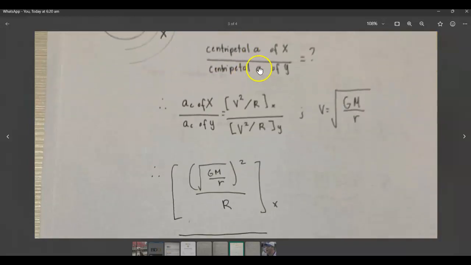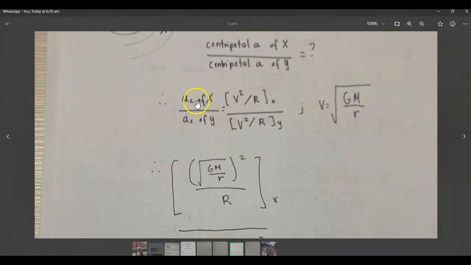For us to solve that, we know that the centripetal acceleration of any given body in circular motion is equal to v squared over r. Since we are talking about the ratio of X and Y, we just substitute v squared over r for X divided by v squared over r for Y. Now, we also have another formula for v, because v here is the velocity and r is the distance or the radius.